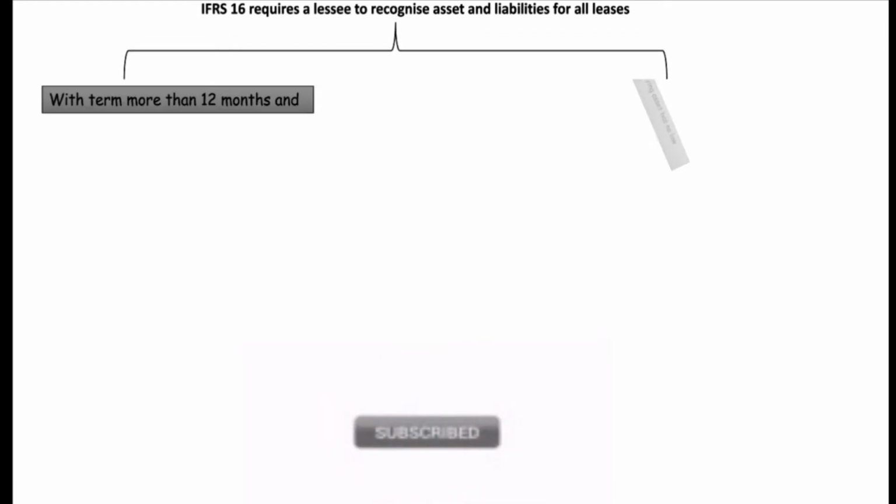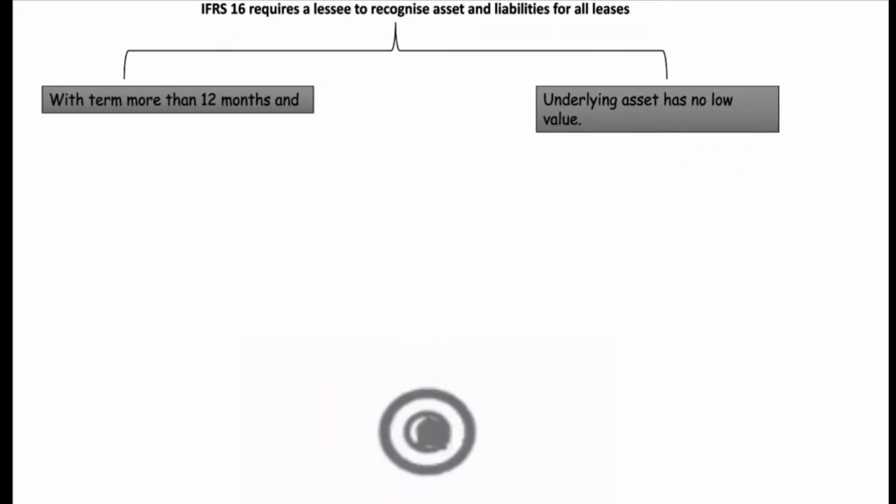IFRS 16 requires the lessee to recognize assets and lease liabilities for all leases, except those with a term of 12 months or less or where the underlying asset has low value.